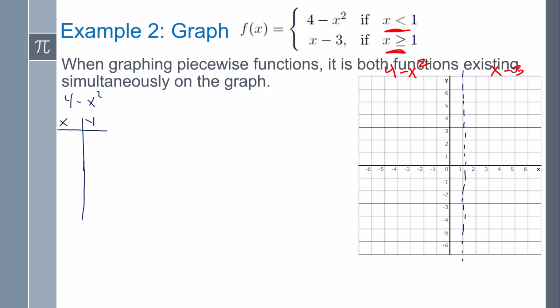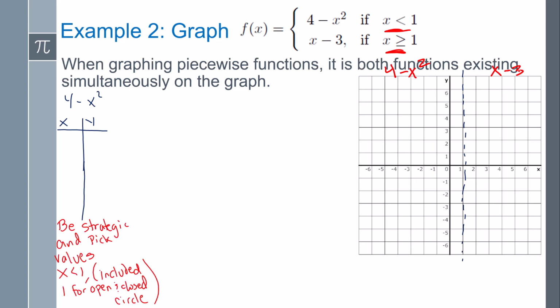For example, for 4 minus x squared, I want to be strategic about the values I pick. If I know x is less than 1, I'm not going to pick 2 or 3 or 4. So if I pick values at 1, 0, -1, and -2, it's going to give me an idea of what this graph is going to look like.